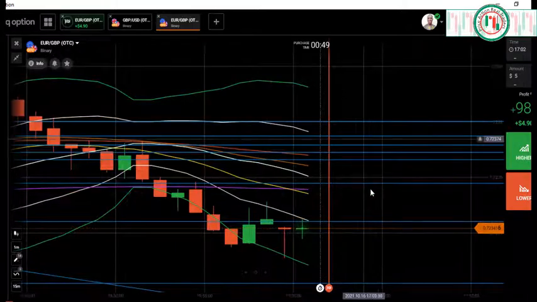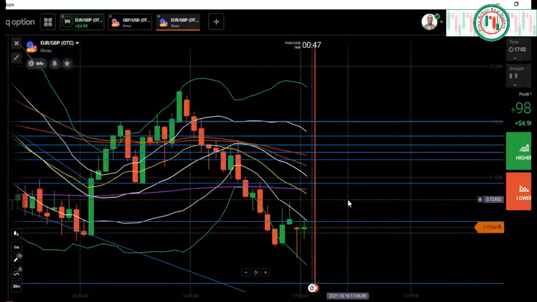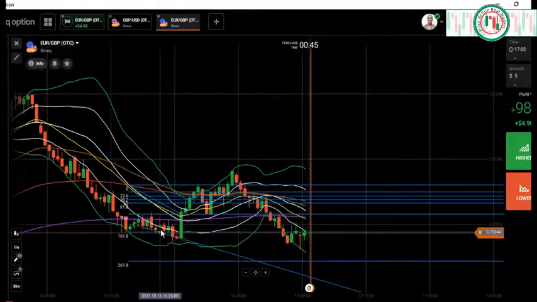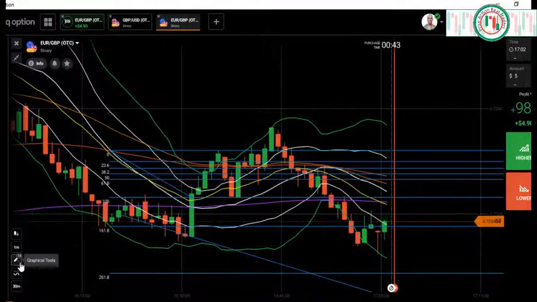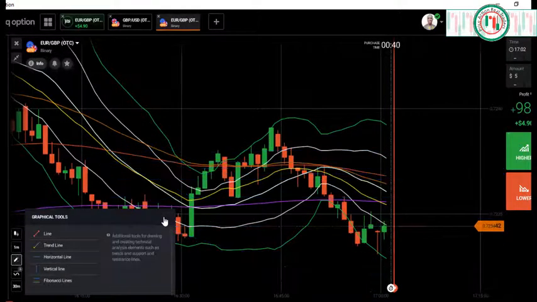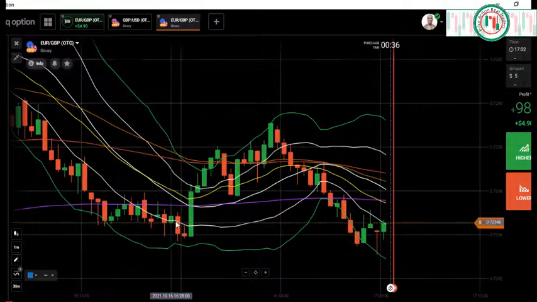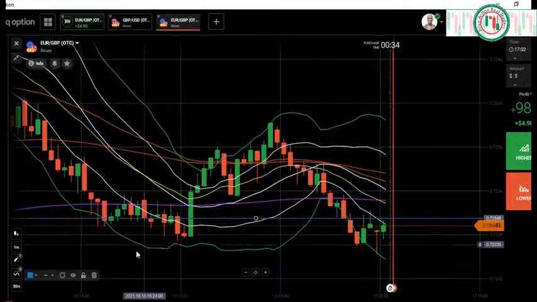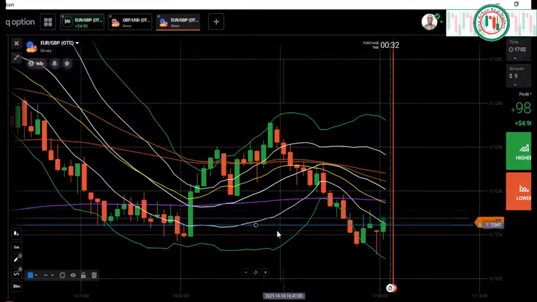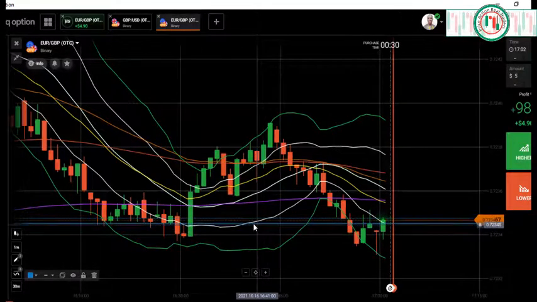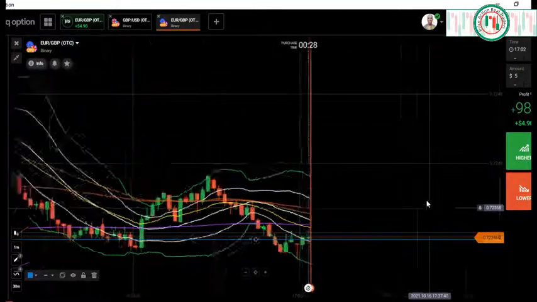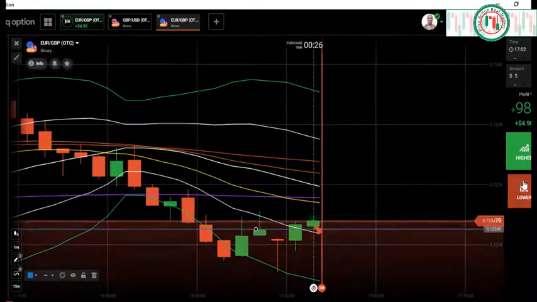Market is trying to reverse from this area, because you see market hold here. You see market hold at this level, so market is trying to repeat the same pattern at this level. This market is trying to hold at this level.